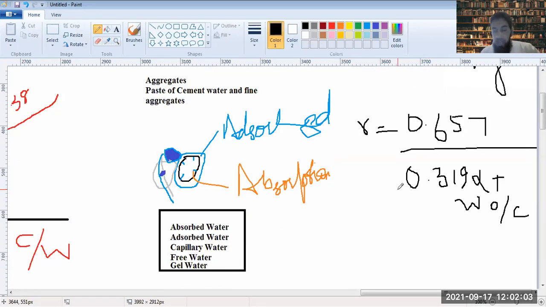Now, how are gel space ratio and strength of the concrete related with each other?